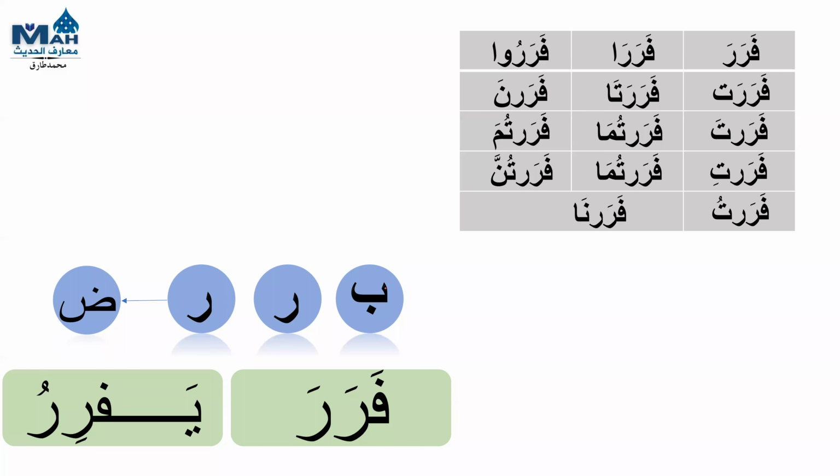We have fa, ra, ra. Okay. Yes. So it is from Bab Daraba. I want to actually show you the chapters from where it comes and how we'll do. Normally it is farara, farara, fararu, fararat, fararata, fararna, fararta, farartuma, farartum, fararti, farartuma, farartunna, farartu, fararna.